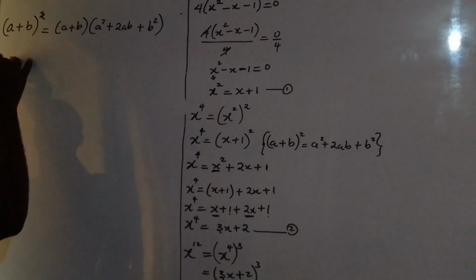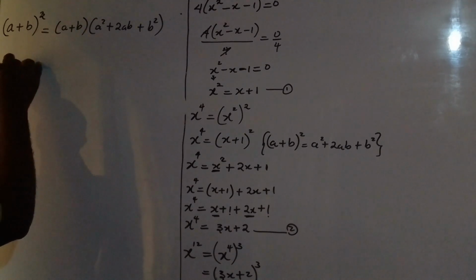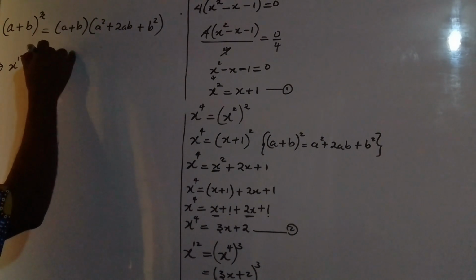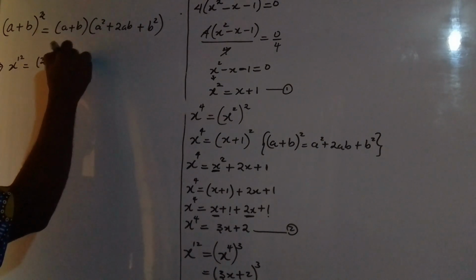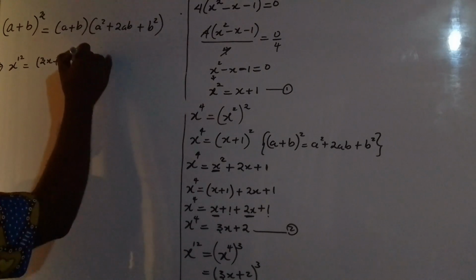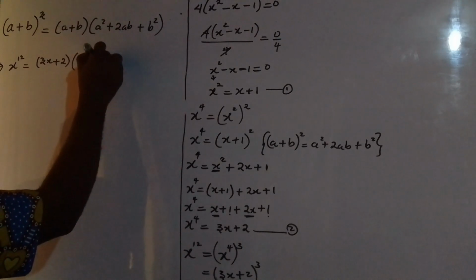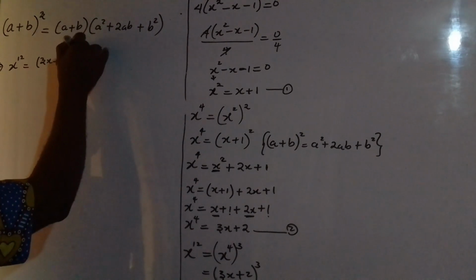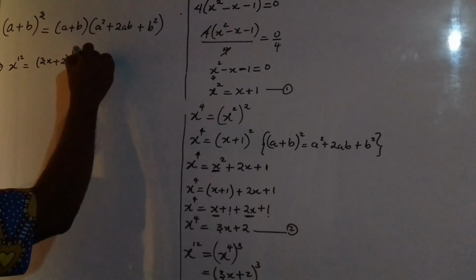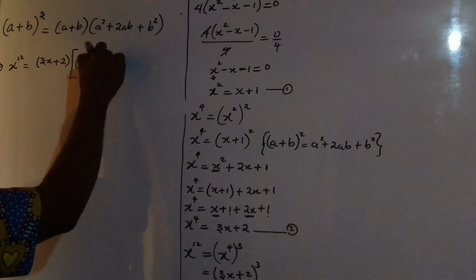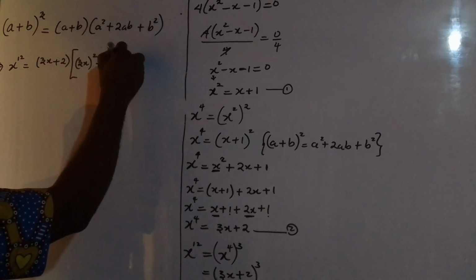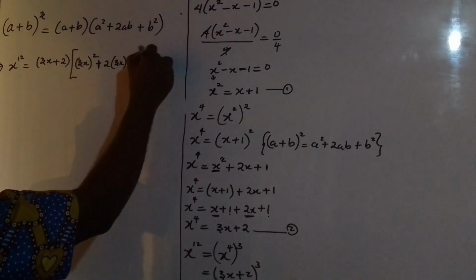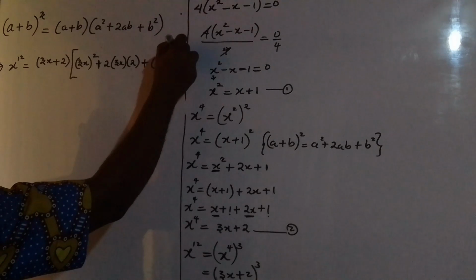Therefore, it means that x to the power of 12 will give (3x + 2) times ((3x) all squared + 2 times 3x times 2 + 2 all squared).